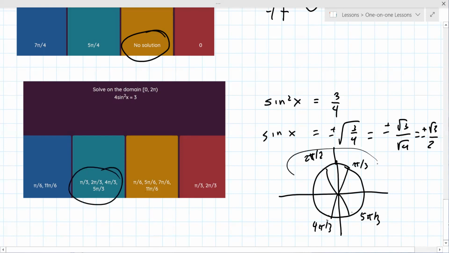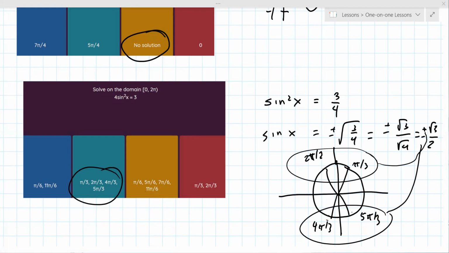So the top two are for positive square root 3 over 2, and the bottom two are for negative square root 3 over 2. Oh, okay. That's understandable.